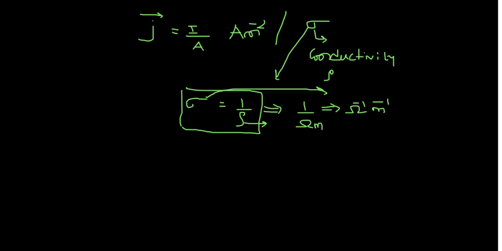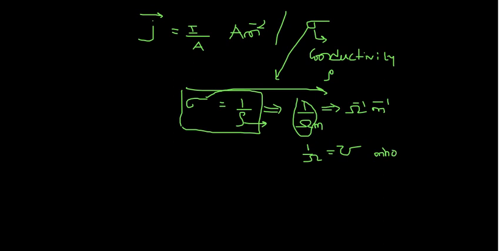There is another method. 1 by rho can be written with another symbol: we write 1 by ohm as mho, M-H-O. This is how they write it now.